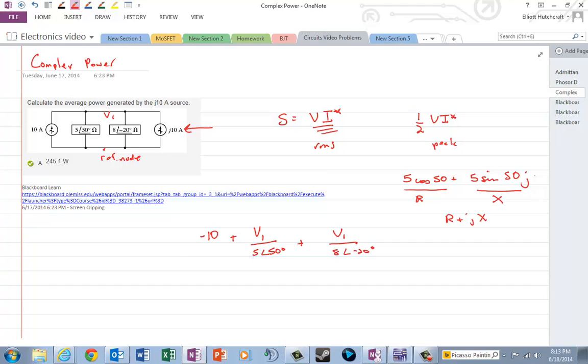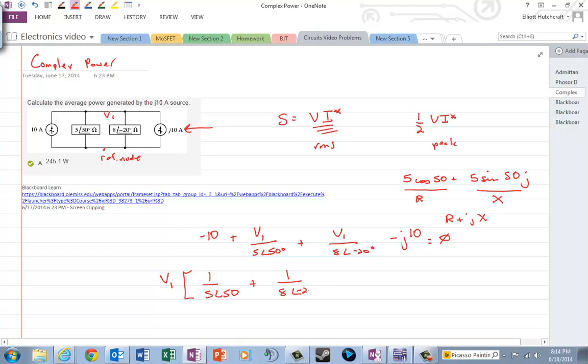Okay, so we got -10 plus V1 over 5 angle 50 plus V1 over 8 angle minus 20 minus J10 equals 0. So I'm going to solve for V1. Let me take terms out here. I'm going to have V1 times 1 over 5 angle 50 plus 1 over 8 angle minus 20 equals 10 plus J10.